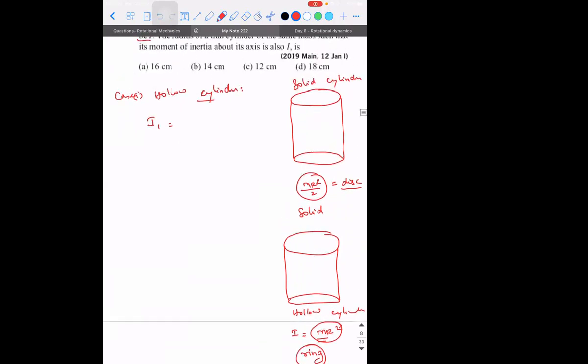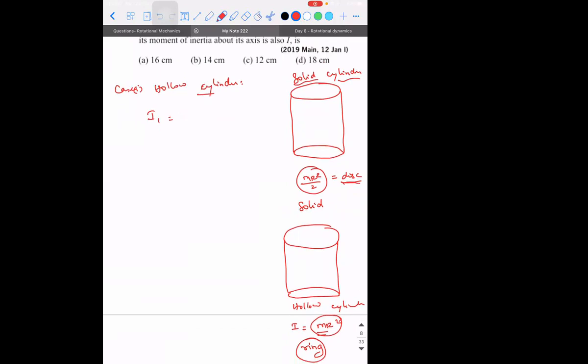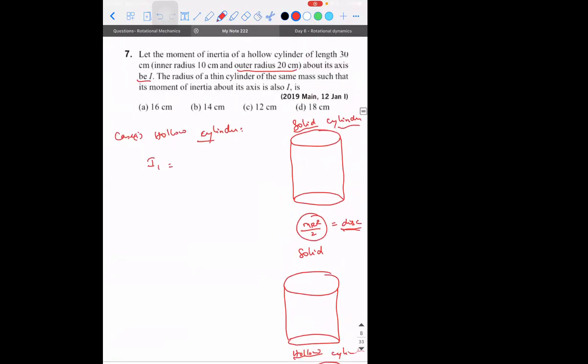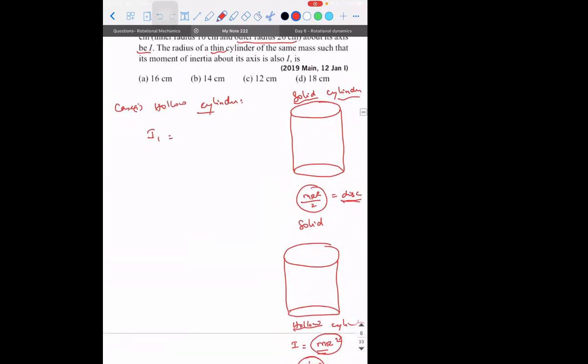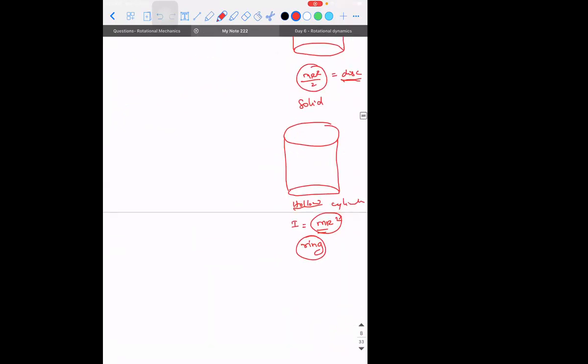So what I'm trying to say here is a solid cylinder is similar to a disk. A completely hollow cylinder, that is why they told thin cylinder. So for a completely hollow cylinder, it is MR square, means it will behave like a ring.